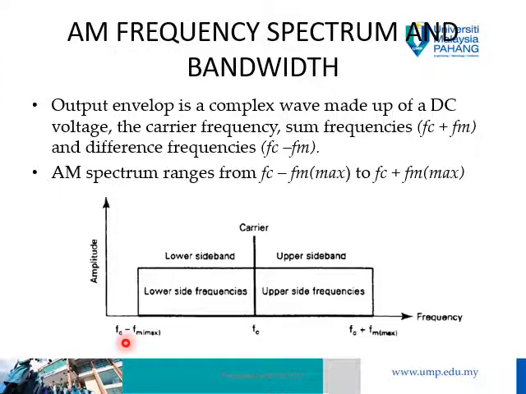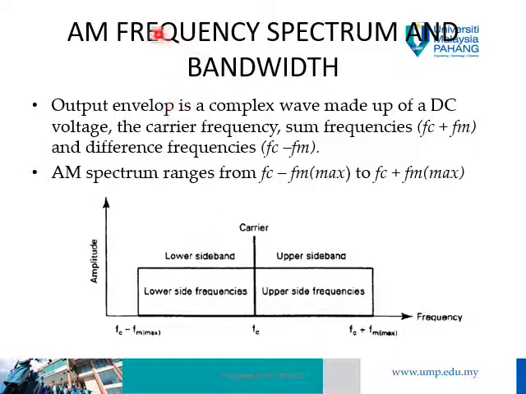This is the lower frequency. This is the upper frequency, FC plus FM. This part is called the lower side frequencies or lower sideband, and this part is called the upper side frequencies or upper sideband.